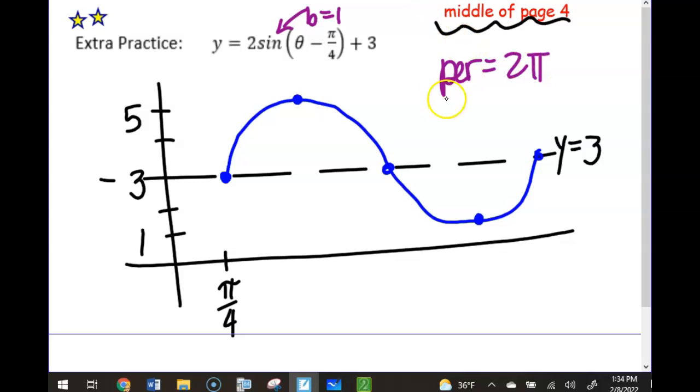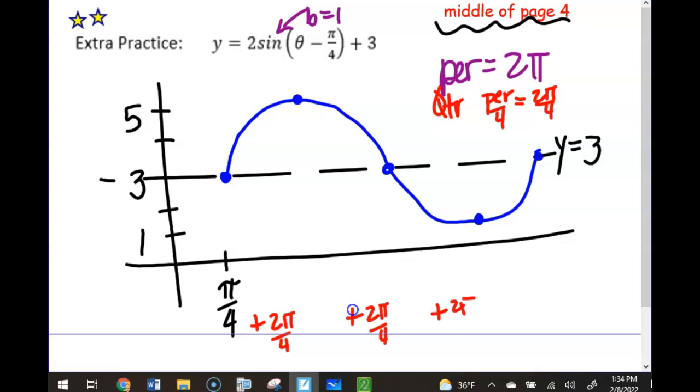So then we say the quarter points are always the period divided by 4 added on to the phase shift. So 2 pi divided by 4 is how often we're going to have a quarter point, but we have to add that on to our phase shift over and over and over, okay?